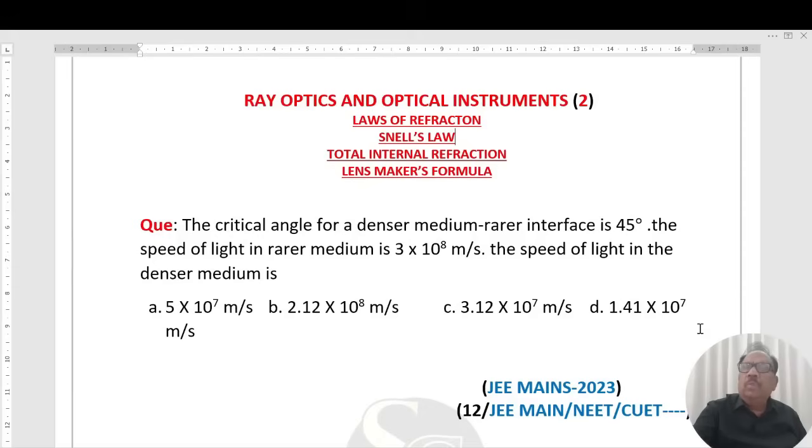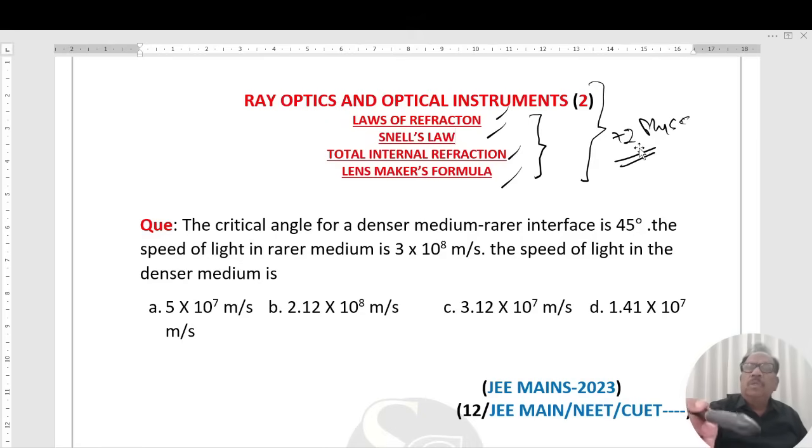In today's session, I am going to discuss laws of refraction, Snell's law, total internal reflection, and the lens maker formula under the chapter Ray Optics and Optical Instruments, Plus 2 Physics. I will discuss these through one question and another question.